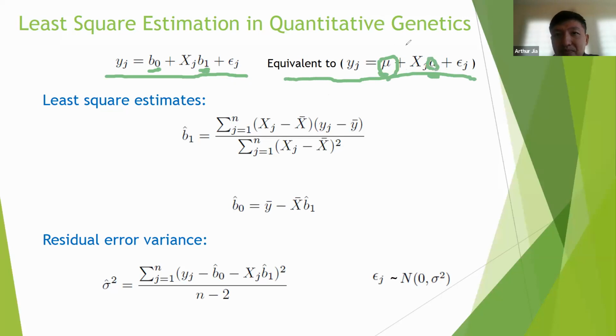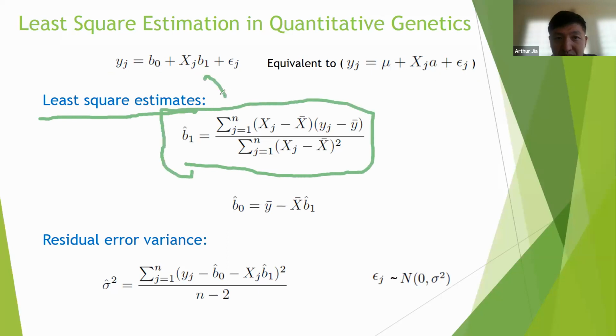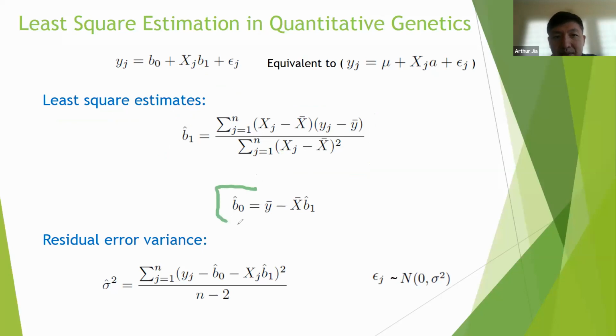All right. By least square estimation or maximum likelihood estimation, this is how we calculate the slope estimation. We can use the data to estimate this parameter. Any questions here? And this is the equation we use to calculate the intercept once we have calculated the slope. Those are very basic statistical theorems.